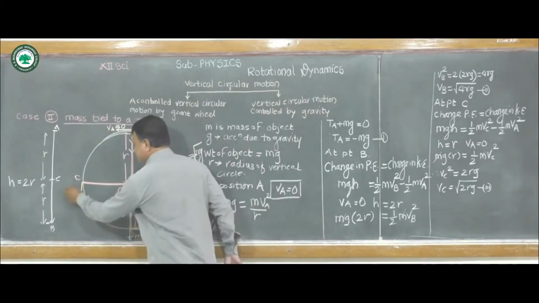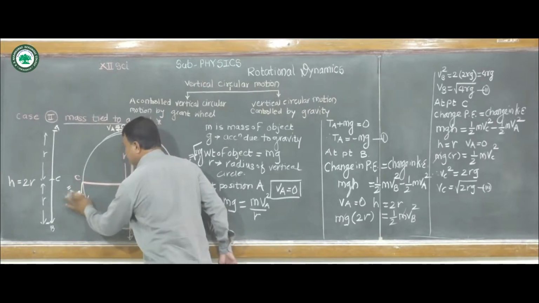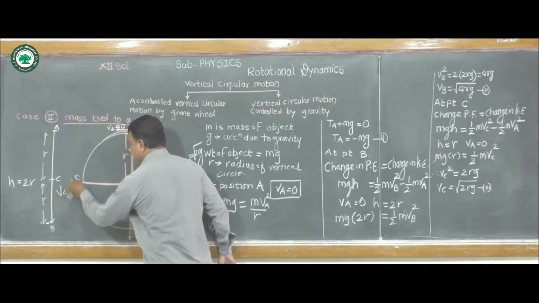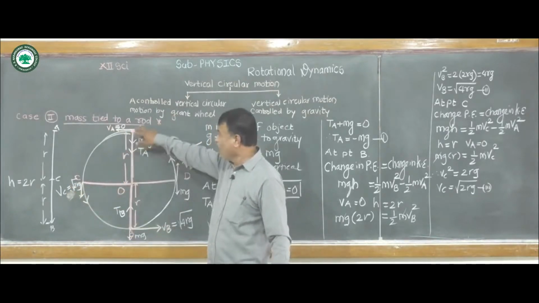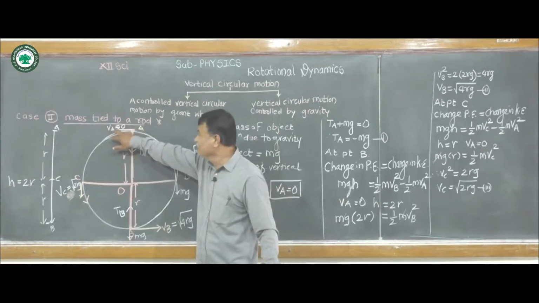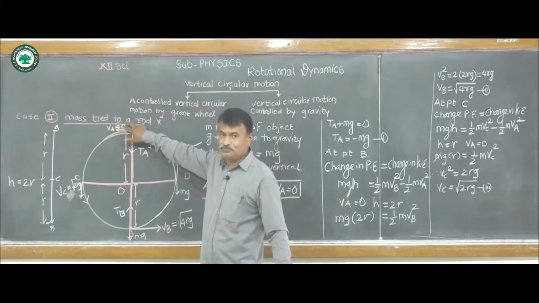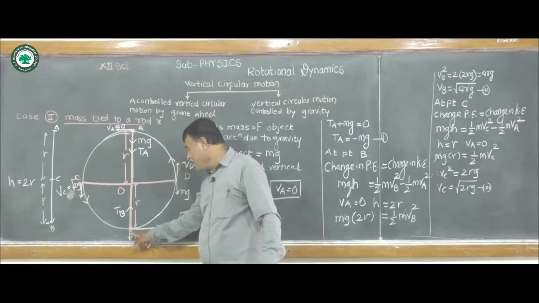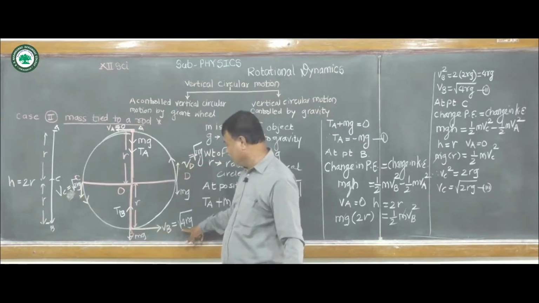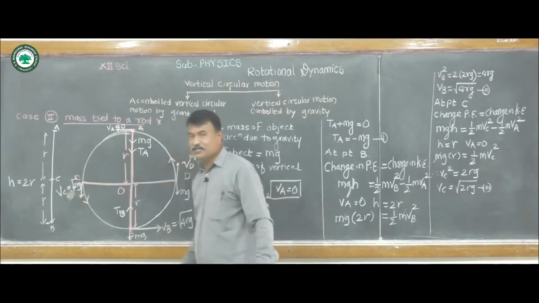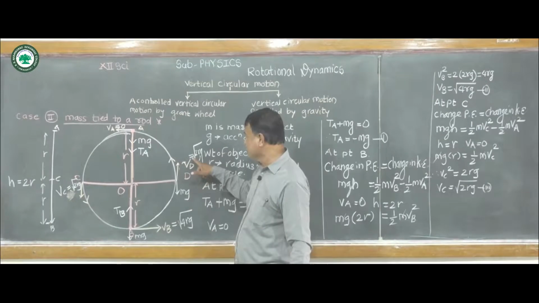Similarly at point C, the magnitude of velocity Vc is equal to only under root twice rg. So from this figure we can say that at point A, velocity is minimum, which is equal to 0. At point B, velocity is maximum, that is equal to under root 4rg. And in the midway position, velocity of the particle is under root twice rg.